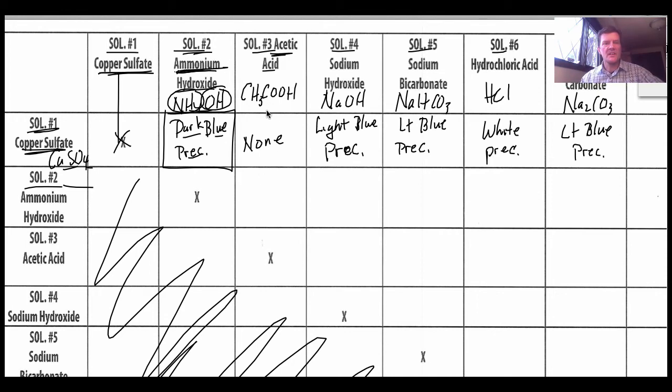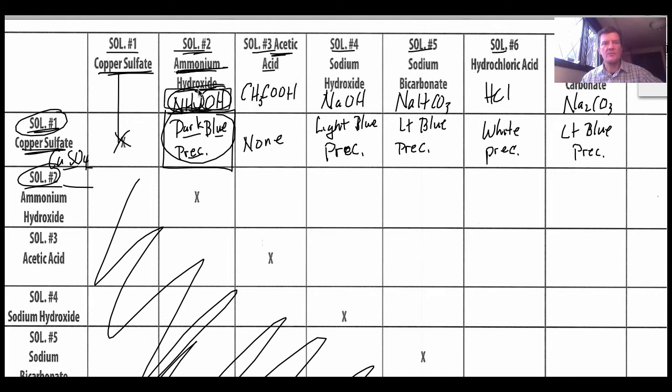So I've combined solution 1 with all of the other 6, 2 through 7. Now I'm going to take solution 2 and combine it with all of the others. I already did solution 2 with solution 1. It's right up here. All right. So I'm going to do 2 with 3. So ammonium hydroxide, and you can see the formulas.